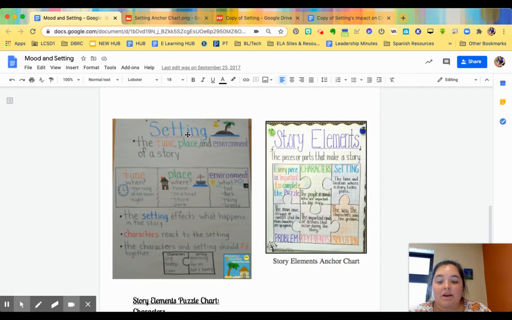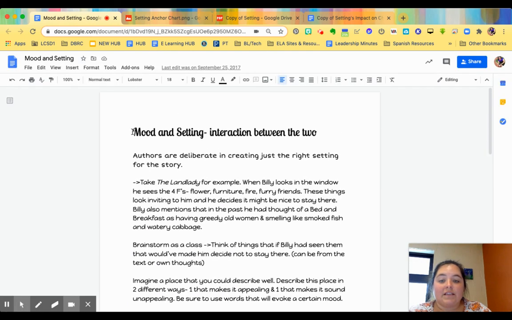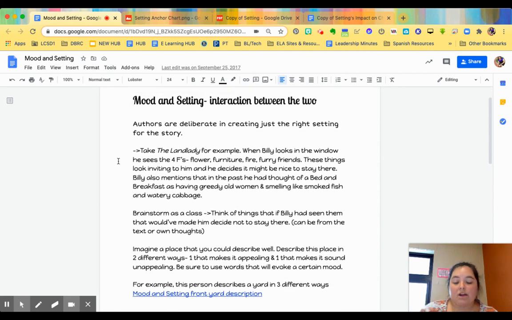Another thing that you might pay attention to with setting is the mood, right? So again, setting can also influence how you feel about it or how the author is making you feel about the story. So the mood and the tone, right? Take my sunshiny day at the beach again. If it's a sunshiny, bright day, we might feel happy about what's going on.